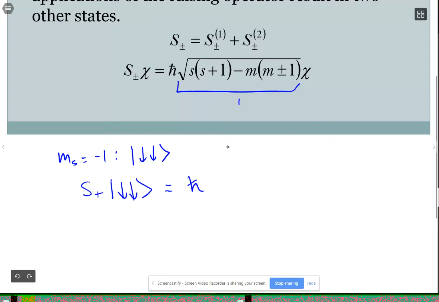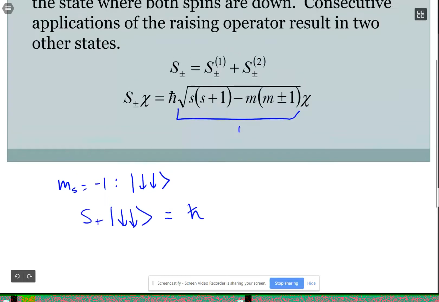Okay, I really should have been more careful. This subscript 1 means that it acts on the first one in the ket. This subscript 2 means it acts on the second one in the ket. So if I do the raising on the first one, it's going to give me that, right? I changed the down state to the up state for the first one.